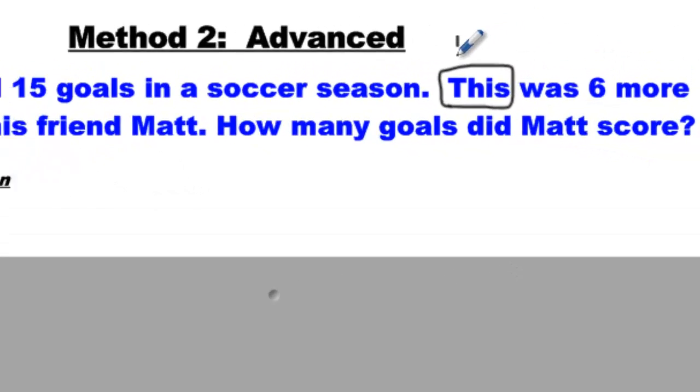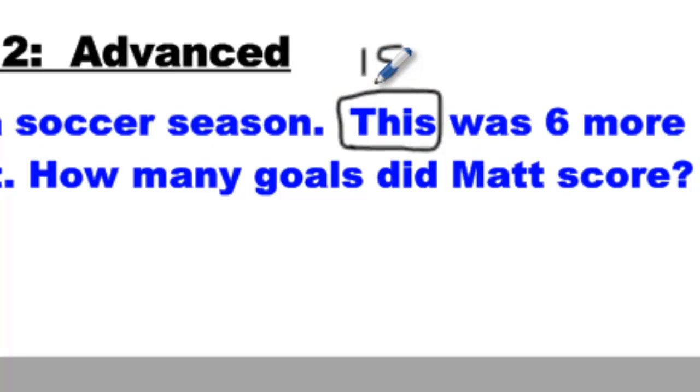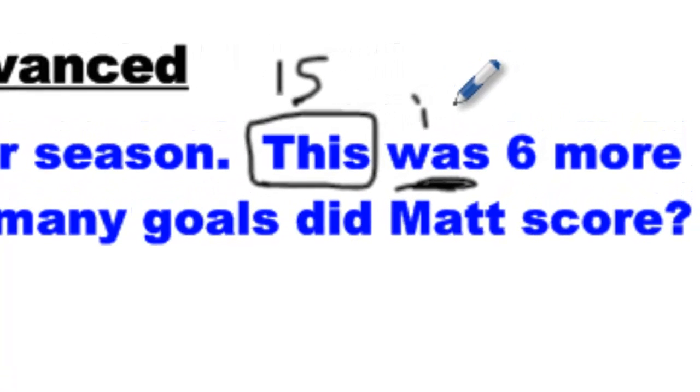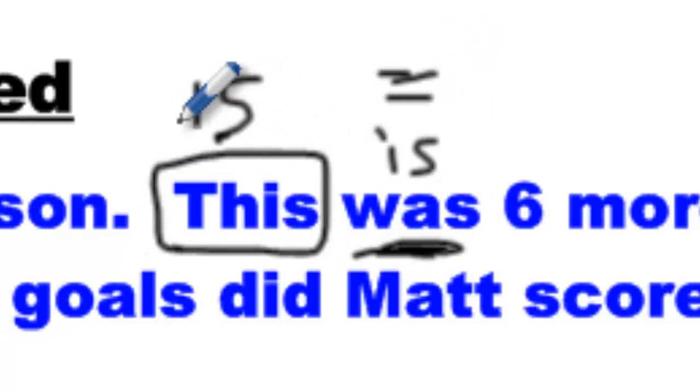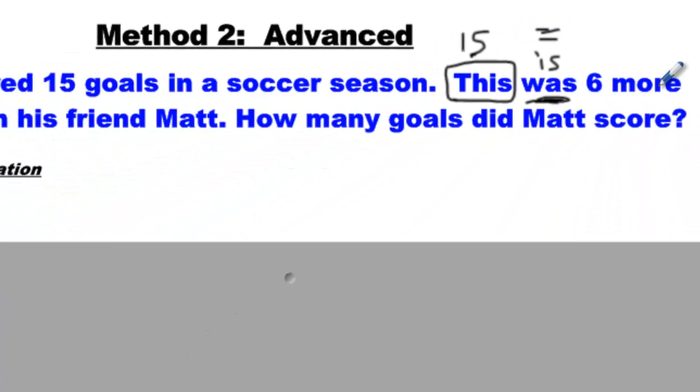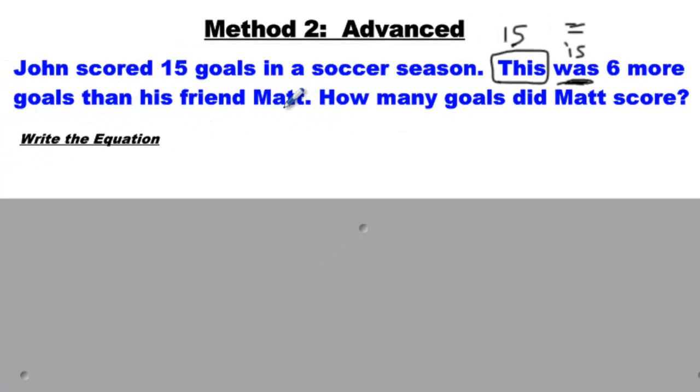So we're going to write 15 over top of this. So we got 15. Now, the word was, that's the same as the word is. And it all means equals. If you see was or is, that all means equals. So we're going to say 15 equals 6 more goals than his friend Matt. Do we know how much Matt scored?